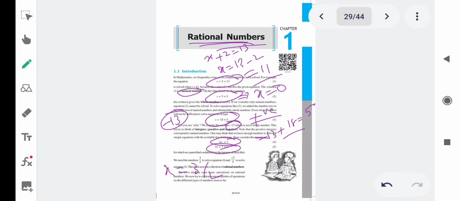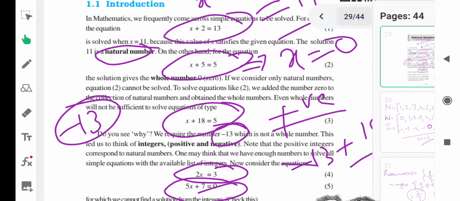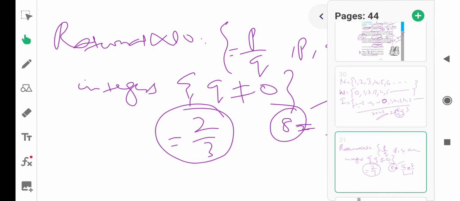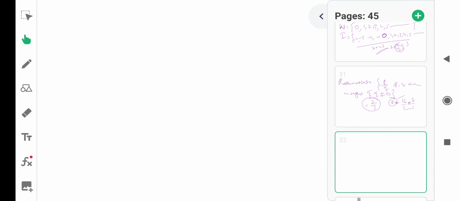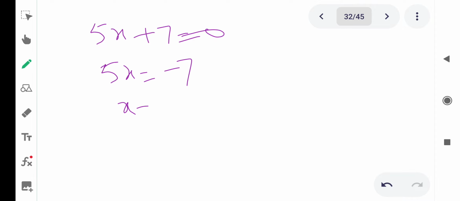We have 5x plus 7 is equal to 0. So 5x plus 7 is equal to 0 means here 5x is equal to minus 7, x is equal to minus 7 by 5. Again this is a negative rational number. So this also we will find in the rational numbers.